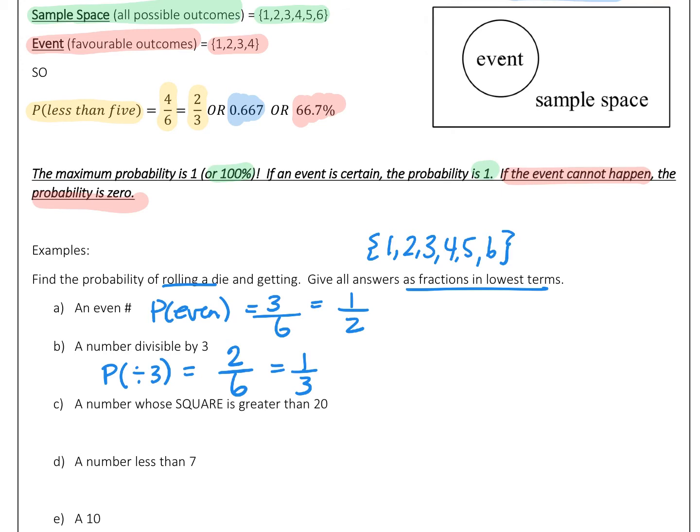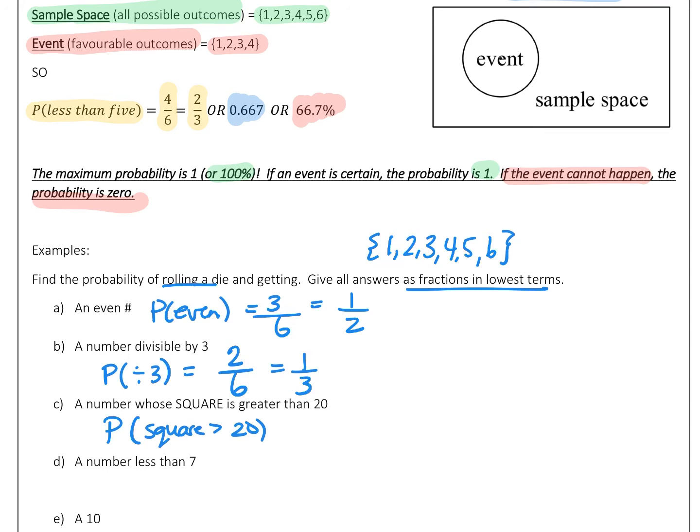The probability of getting a number whose square is greater than 20. So the square is greater than 20. So that means when I take the number and I square it, what is the value? And is that value larger than 20? So for example, 1 squared is 1. That is not larger than 20. 2 squared is 4.